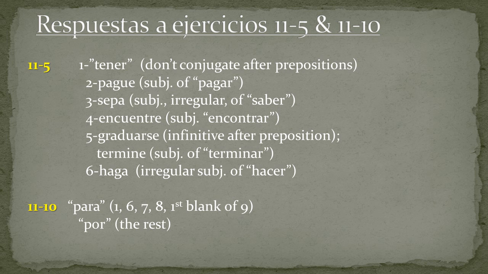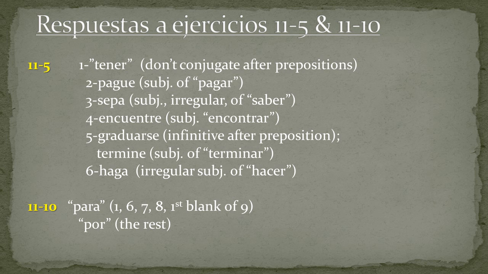11.5. Número 1. Tener. Don't forget the preposition de is there before the blank, so do not conjugate verbs after prepositions. So it should be tener, the infinitive. Número 2. Pague. It should be subjunctive because Steve, the person that we referred to in this exercise, is talking about his future, so he will not move on until he pays his debts.